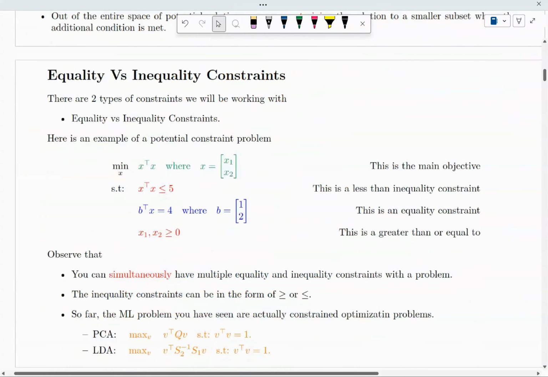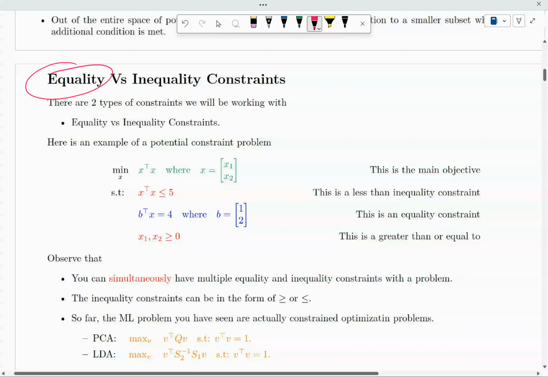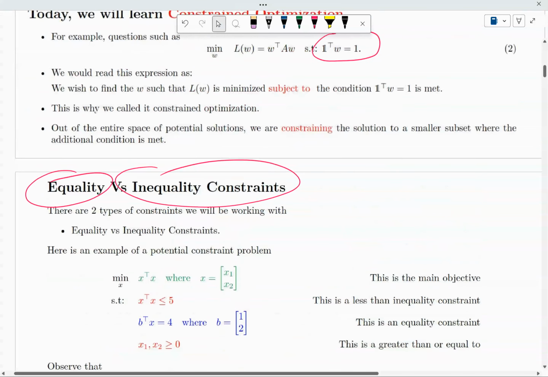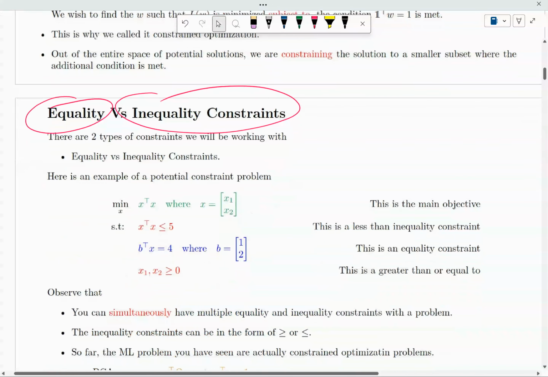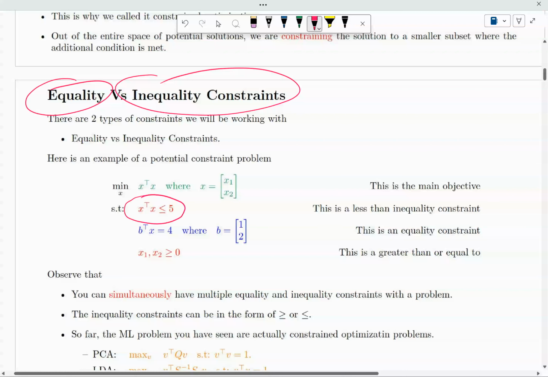Now, there are different kinds of constraints: equality and inequality constraints. The one we just saw is an equality constraint because it has to equal something. Here's another example. You're trying to minimize this, where here are the constraints. This is called an inequality constraint: x times x has to be less than 5.